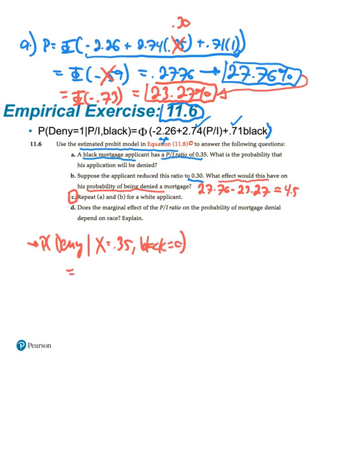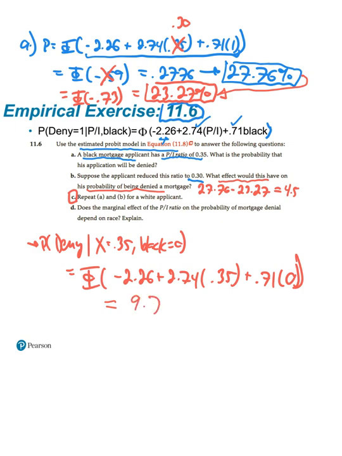This will be equal to phi of negative 2.26 plus 2.74 times 0.35 plus 0.71 times 0, since we have a white applicant here. And what we'll find is that this probability is going to be 9.7%.